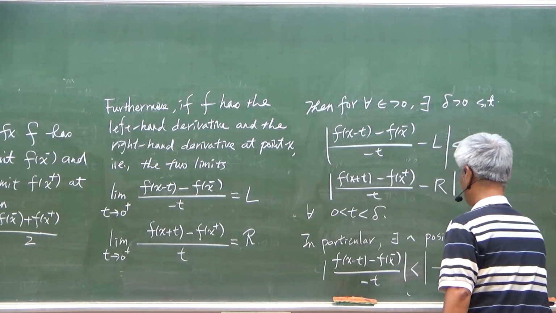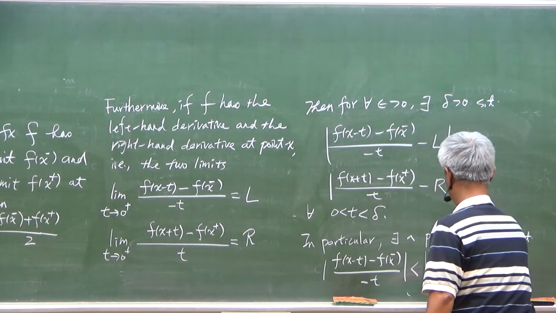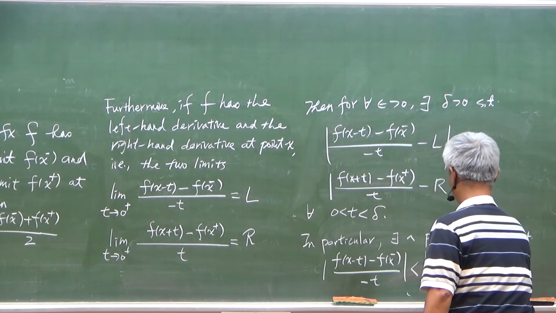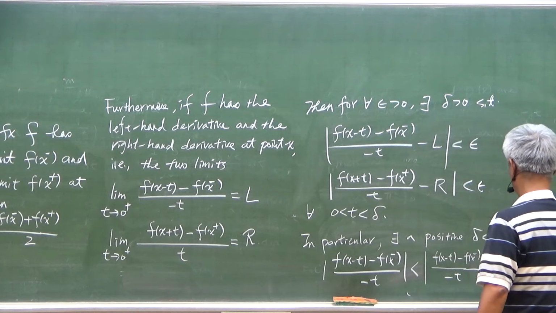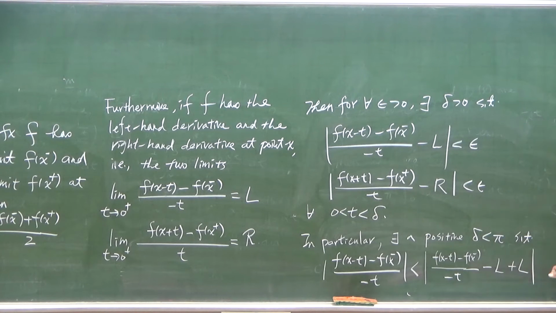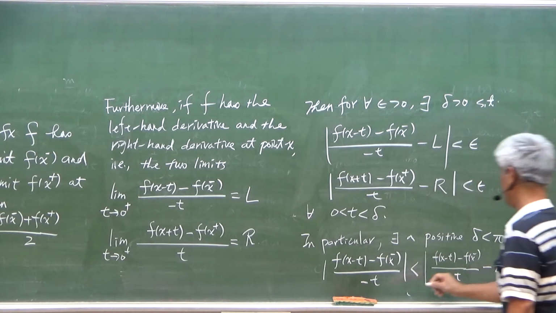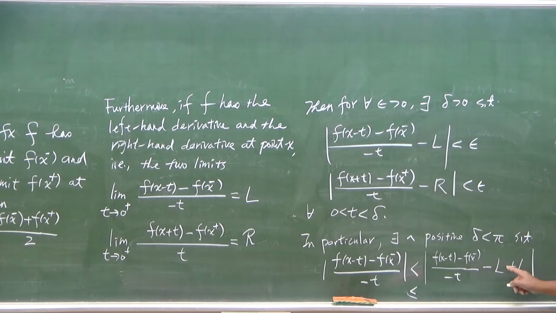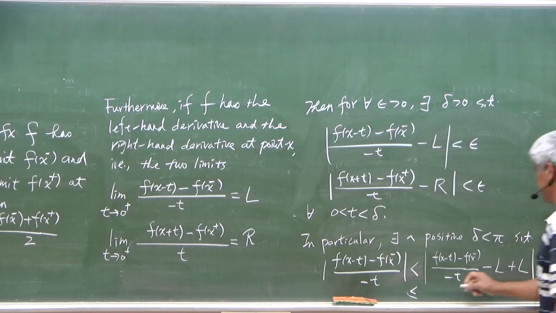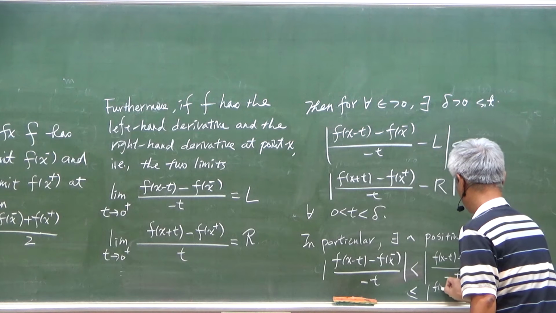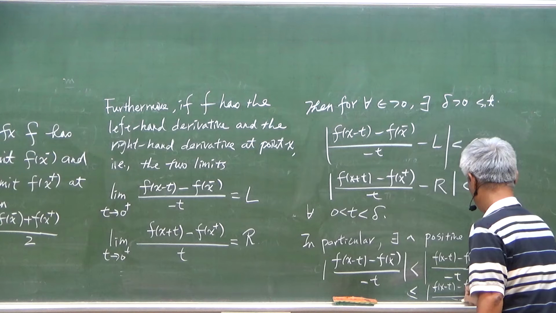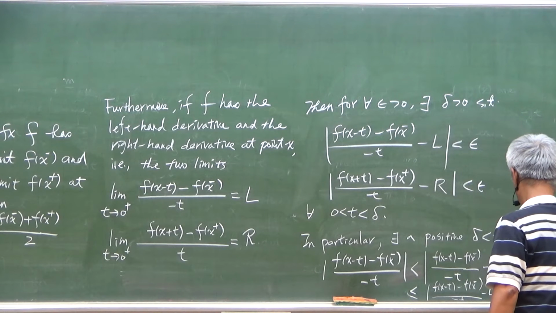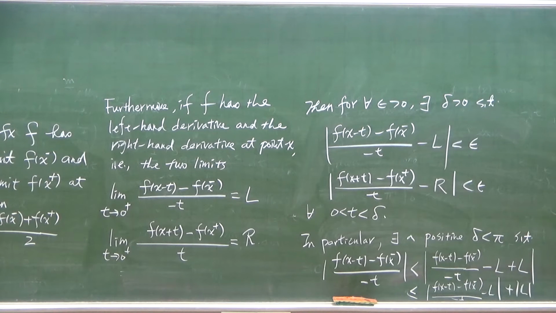I think this technique has been used, right? You add and subtract L, and by the triangular inequality of the absolute value, this is less than or equal to the other term minus L. This is the triangular inequality.